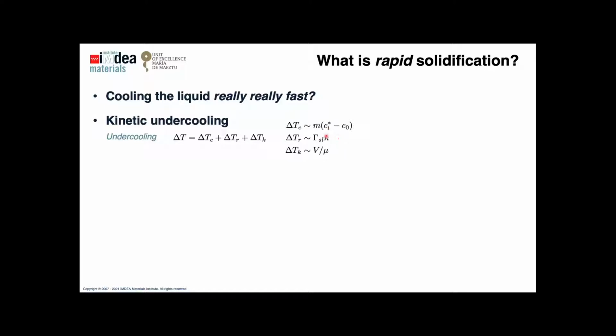The curvature is just due to the local curvature of your interface, for instance, at the dendrite tip, which is leading the growth of the front, and one term related to velocity, right? And this is the kinetic undercooling. So like Charles-André has shown already, your phase diagram will go down as you increase the velocity.